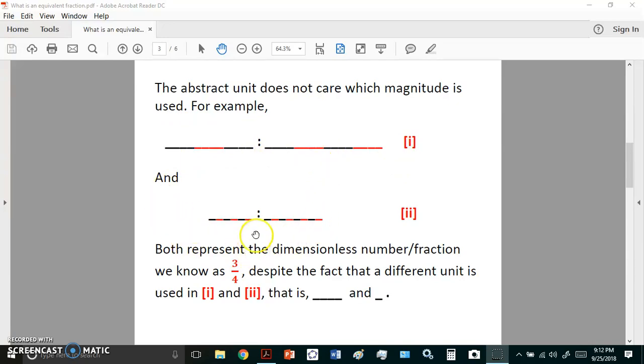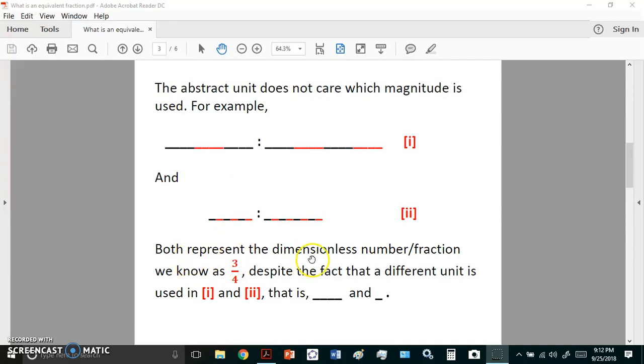And similarly, we could also express an equivalent fraction by letting the unit consist of 8 equal parts and enumerate 6 of those, right? So that means that in terms of dimensionless units, 3/4 is equal to 6/8.